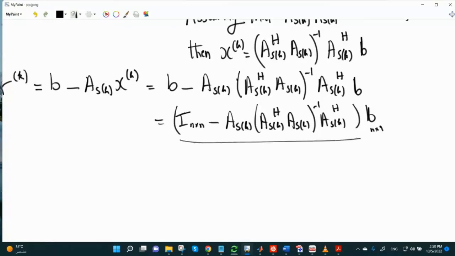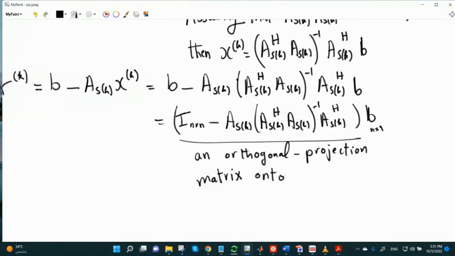Note that this is a famous matrix. This is an orthogonal projection matrix onto the range of A sub S of k perpendicular.